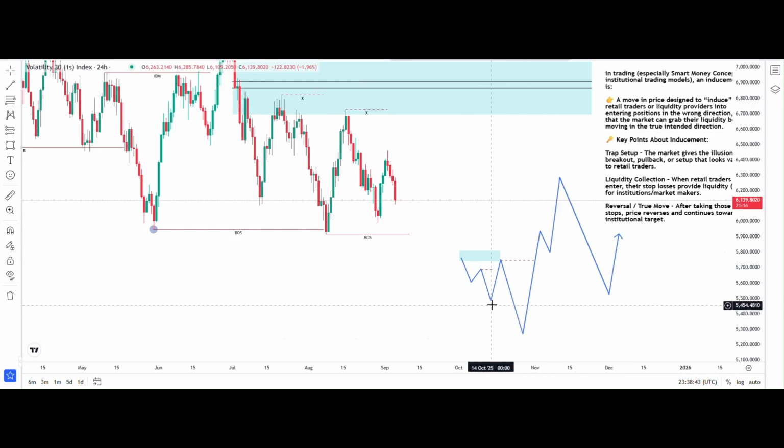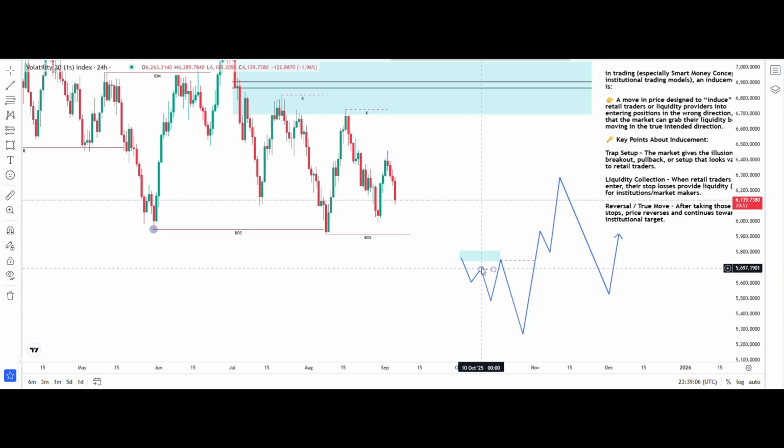But the major, remember that pullbacks are validated by inducement, right? So once the market reaches this point, pulls back and sweeps this high, what that would have meant is that this minor pullback that we had never swept an inducement. So it's liquidity, right? It's a standalone liquidity.